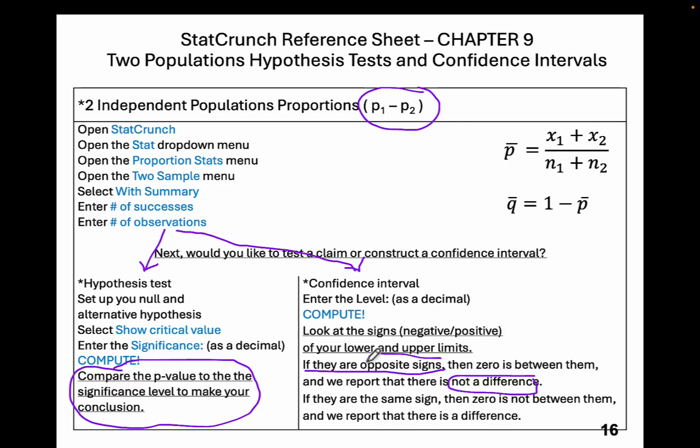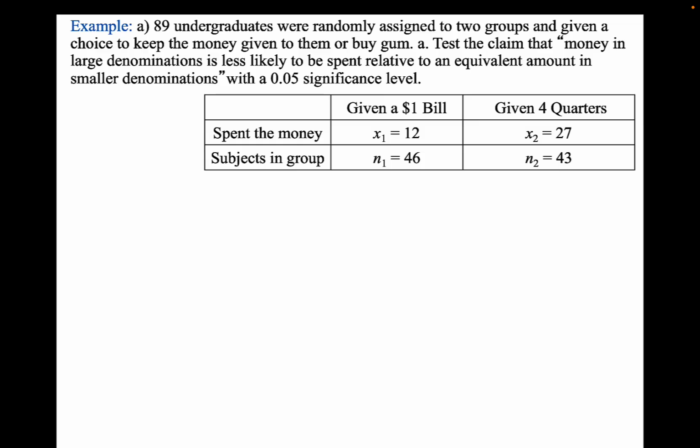Opposite signs, no difference. If the signs are the same, then 0 is not between them, and we report there is a difference. Same sign is a difference. Okay, summary. Opposite signs, no difference. Same signs, difference.